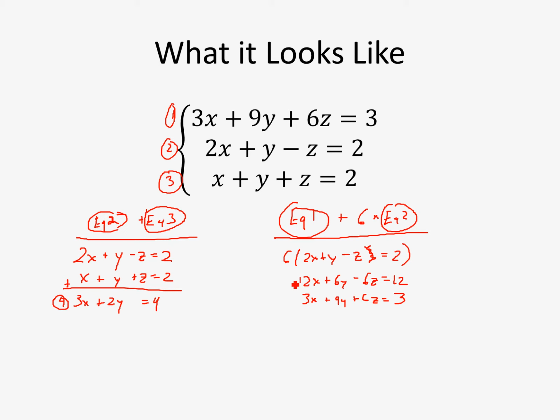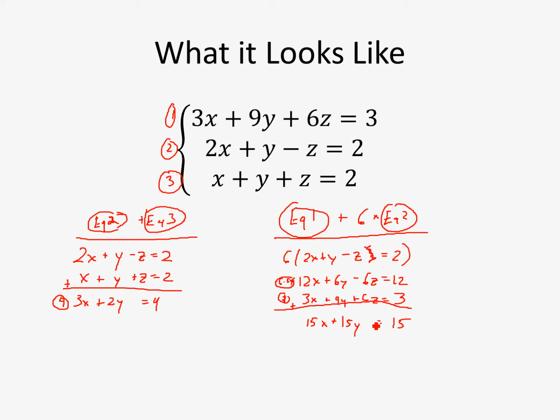I'm sorry, this was 6 times equation 2, and this was our equation 1. When I add them together, I'm going to get 15x plus 15y, and then my z's are gone, and I get 15.